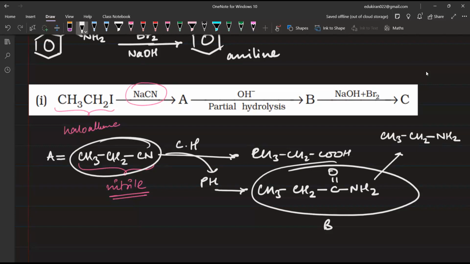Now we started with 2 carbon atoms and we have got an amine of 2 carbon atoms. Not a very great case, but you can see that in between you saw 3 carbon atoms, 1, 2, 3 carbon atoms, right? Now let's write this down, what A, B and C are, after that I will give you some more questions. Write it down, A, B and C.